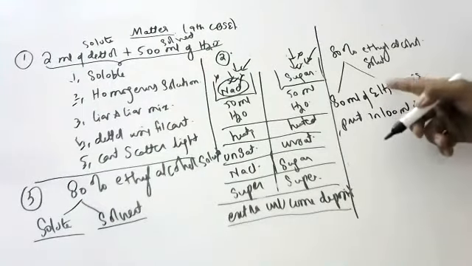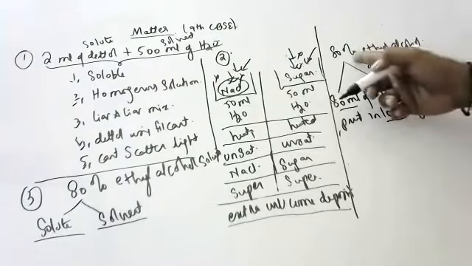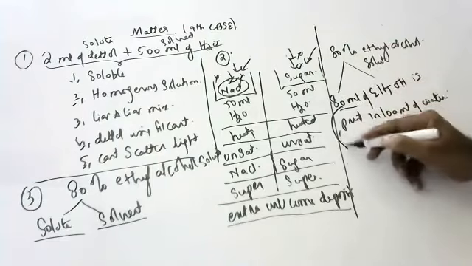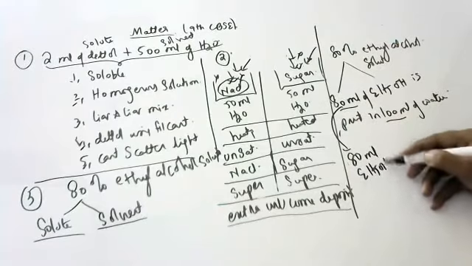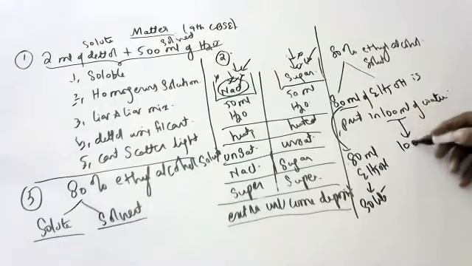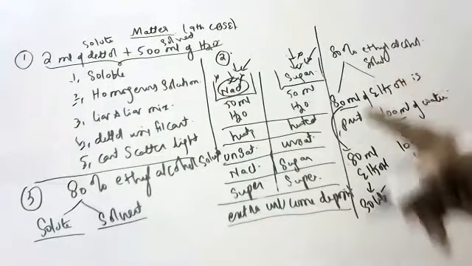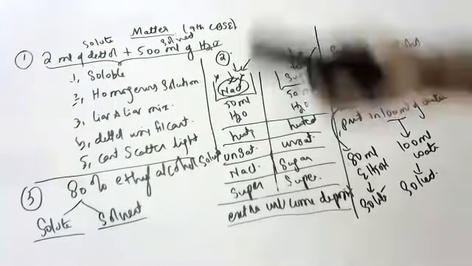So here 80 ml ethanol is solute because it is less in quantity, and 100 ml water is solvent because that is more in quantity. You should remember this. Please don't get confused.